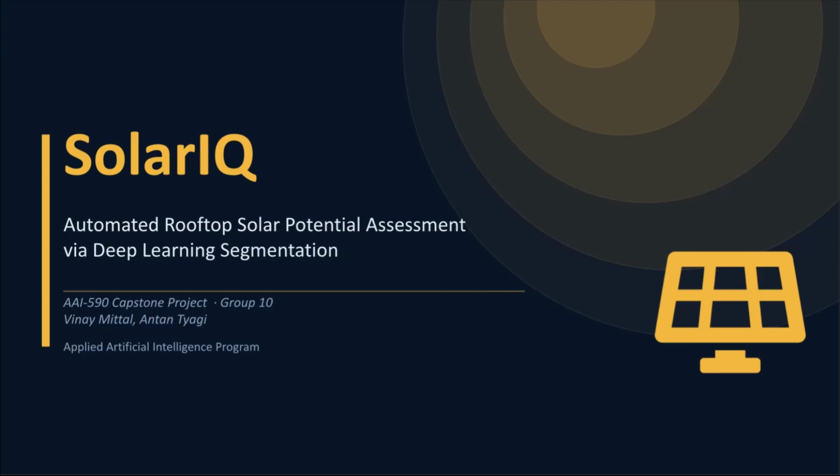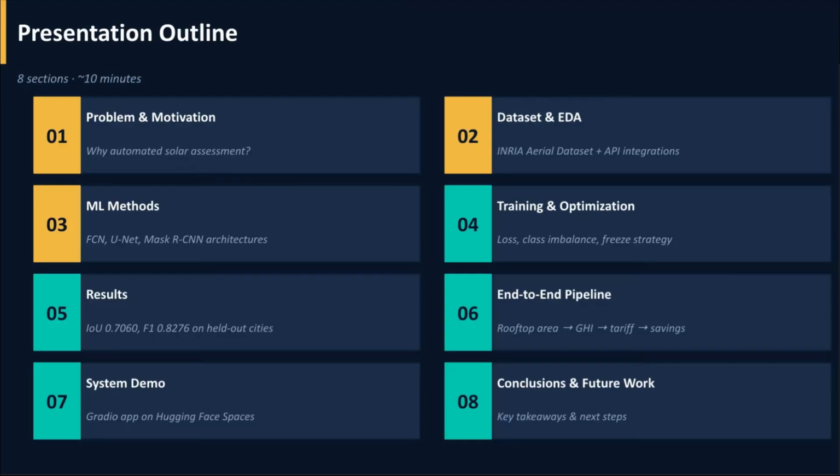Just point an orthogonal image at your roof, or maybe a satellite photo of your house, and our tool does the rest. Starting with our outline, here's what we're going to walk you through today. We'll start by explaining why this problem matters and why existing tools fall short. Then we'll show you the data, what we trained on, how we cleaned and prepared it, and which AI models we tried.